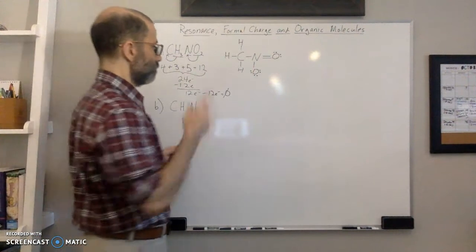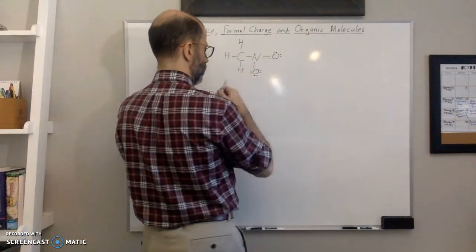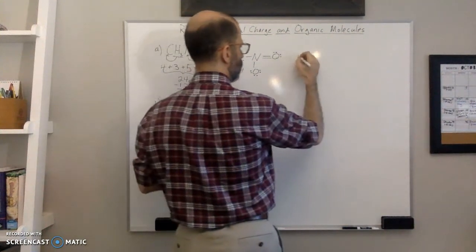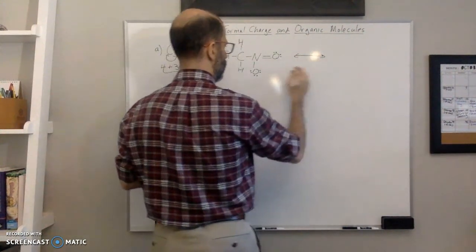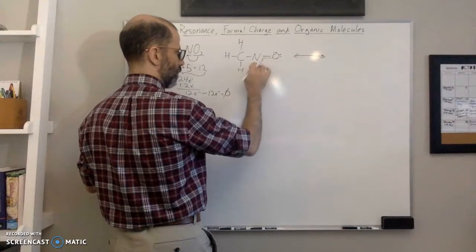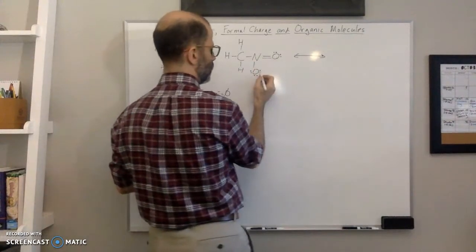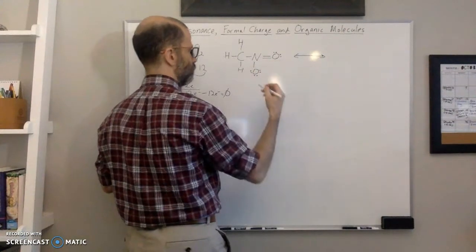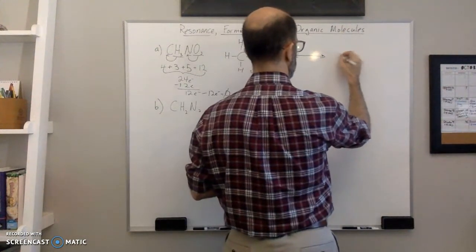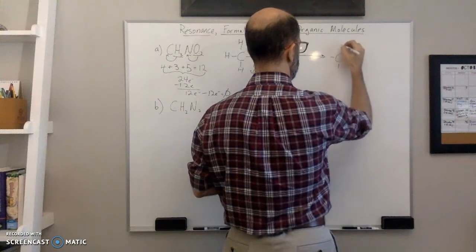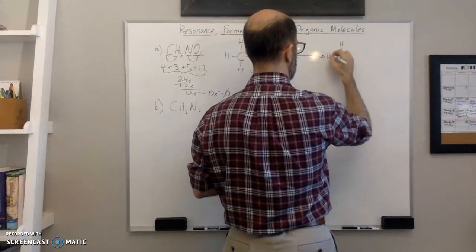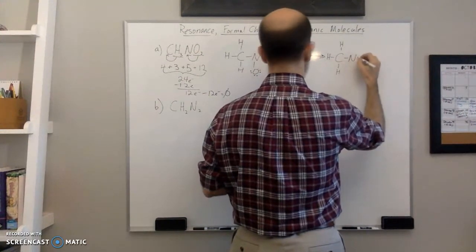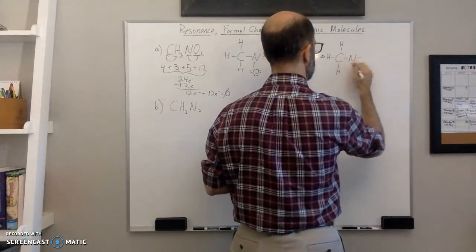So here's the resonance. I can draw another one, but instead of having the double bond there, I can have the double bond there, because these 2 electrons can move, create a double bond, and these would be moved out. So I can draw it this way.